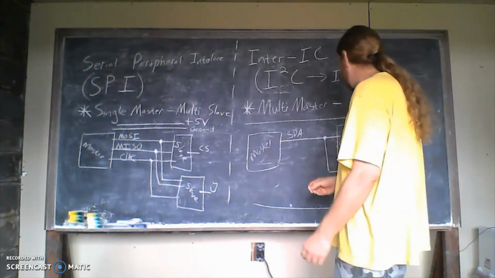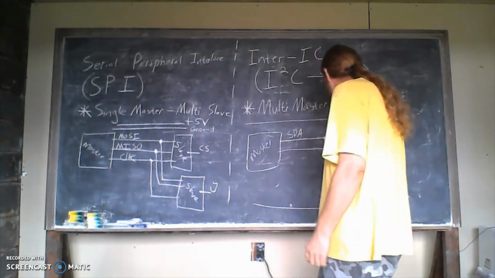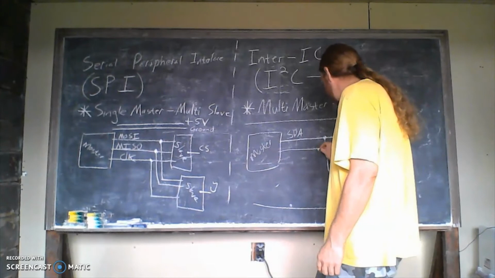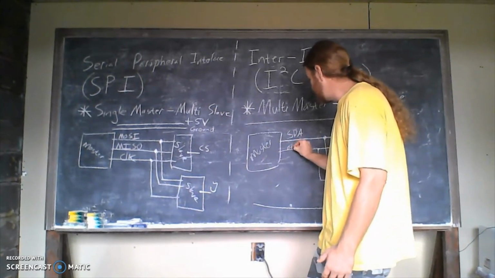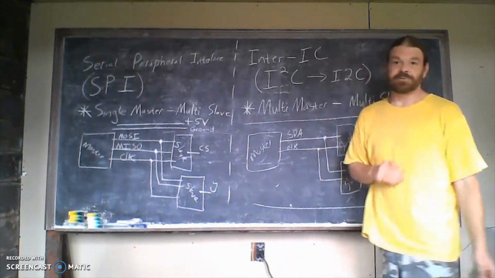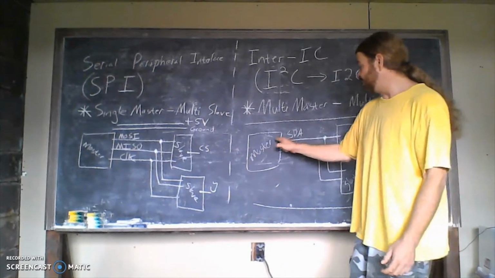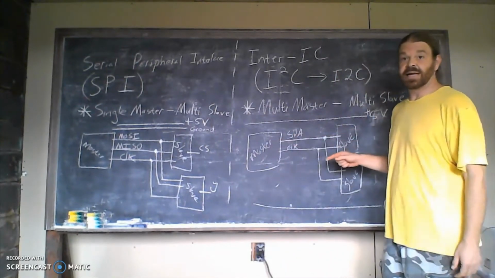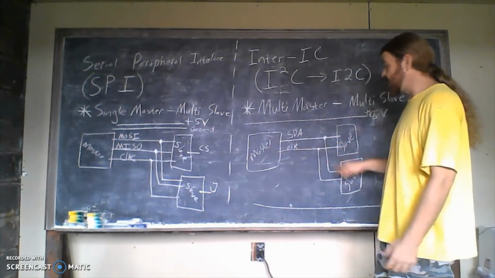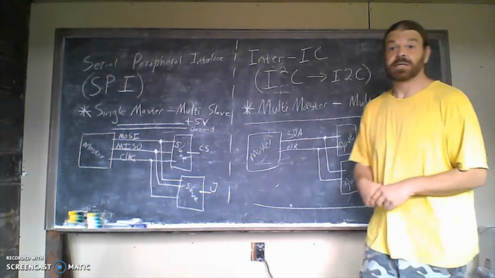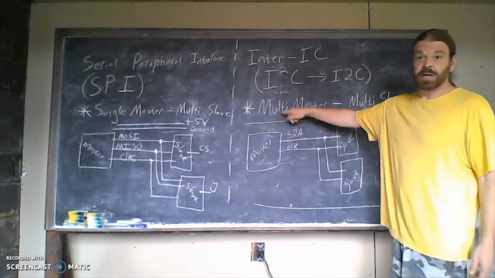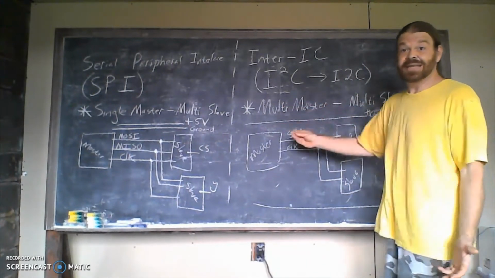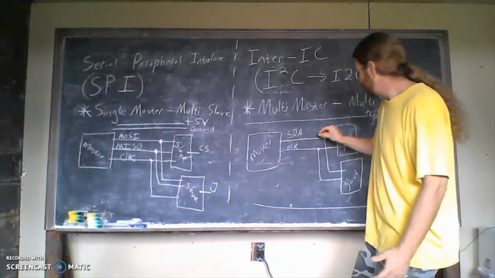So we have serial data, and obviously we need a clock to synchronize everything. So all of our data flows both ways down the SDA line, and the clock synchronizes everything, so it's all working together. And for this multi-master part, communication has to go in a lot of different ways.